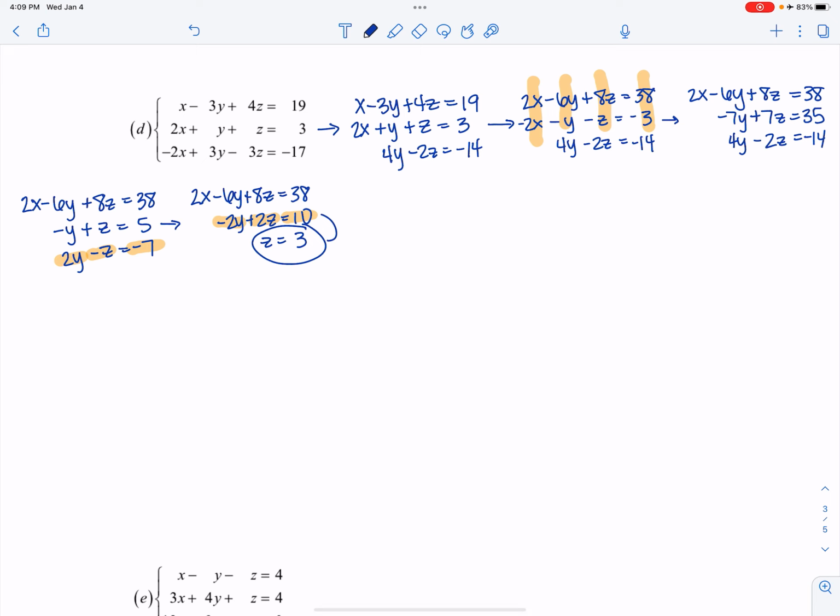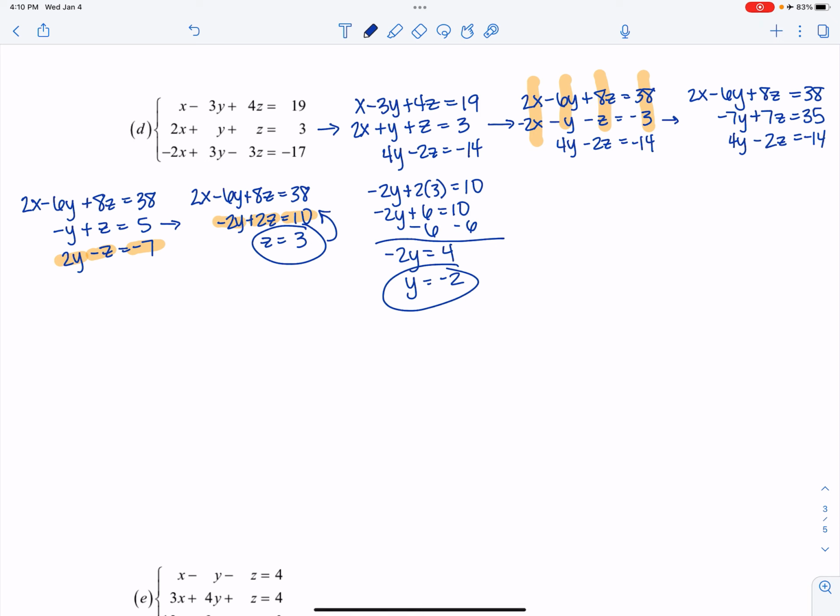So now let's plug that into the middle row. We'll have negative 2y plus 2 times 3 equals 10. Negative 2y plus 6 equals 10. Subtract 6. Negative 2y equals 4. Y equals negative 2. Then let's plug that back into the top.